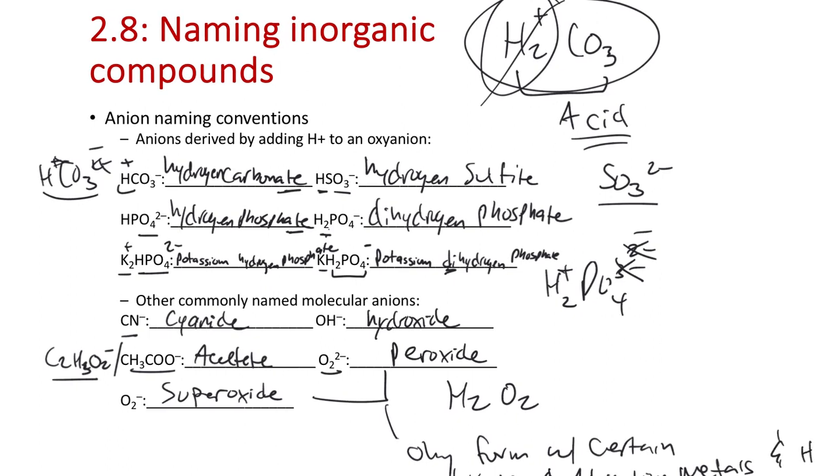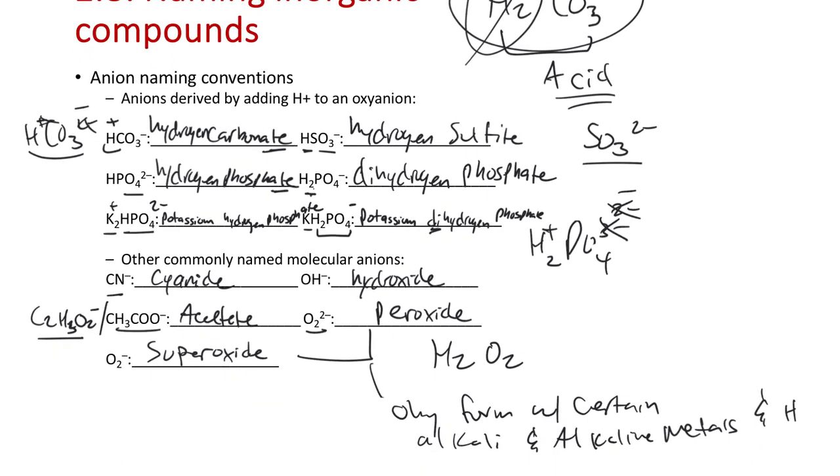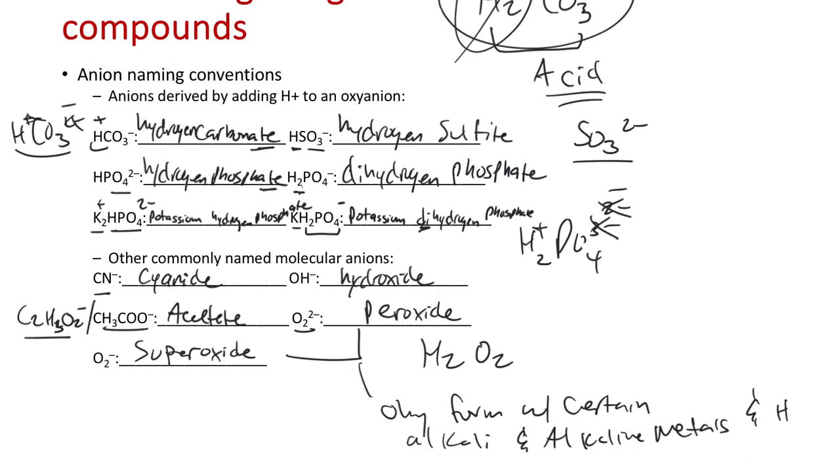And if they do form a compound with hydrogen, at least the peroxide does, for hydrogen peroxide. You're not going to have hydrogen superoxide as a stable compound, so like HO2, not something you're going to be putting in a bottle and buying at the grocery store, but hydrogen peroxide, something stable enough to put in a bottle and sell. The reason I'm mentioning that they only form with certain alkali and alkaline metals is to help us when we start to see things like these two examples here.